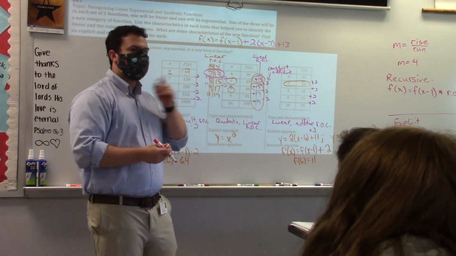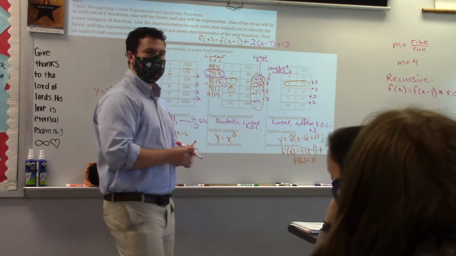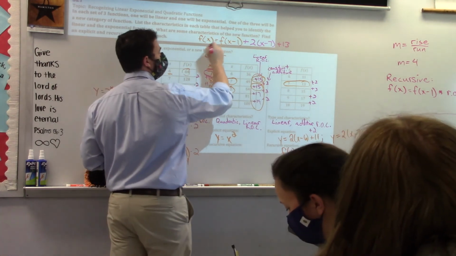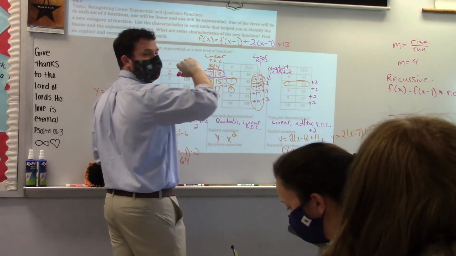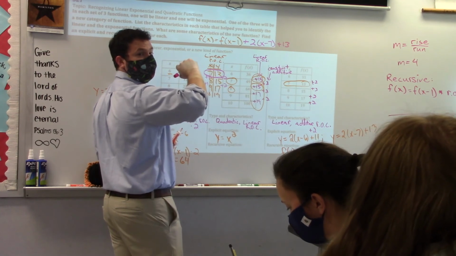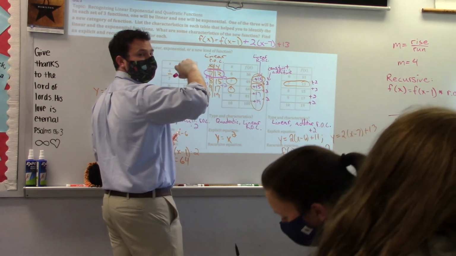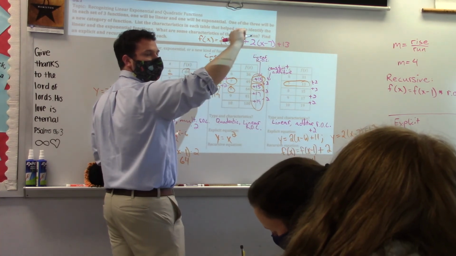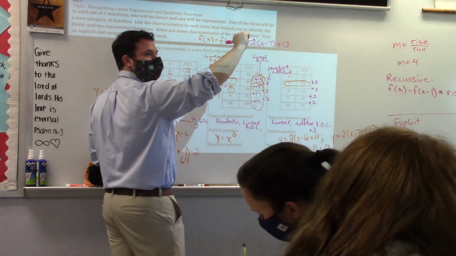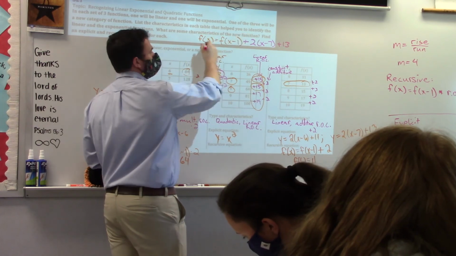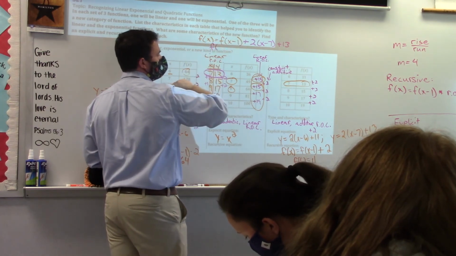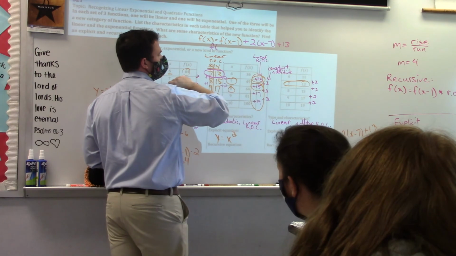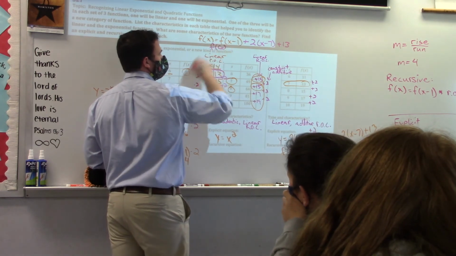Crazy. Desiree, what am I missing though from this recursive? Not sure? I'm going to call on you tomorrow for it. You better remember this. Carell, what are we missing? We're missing the f parentheses 6 equals.